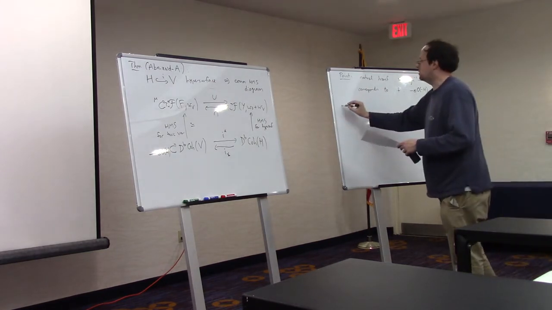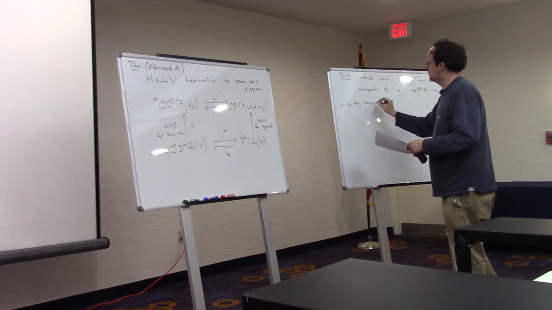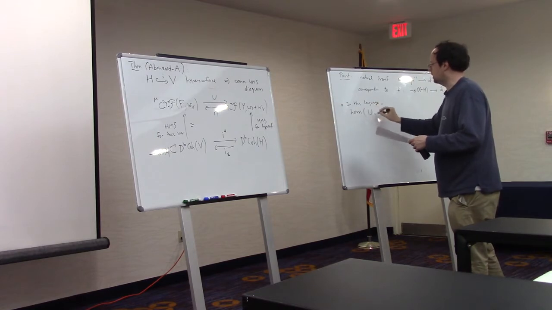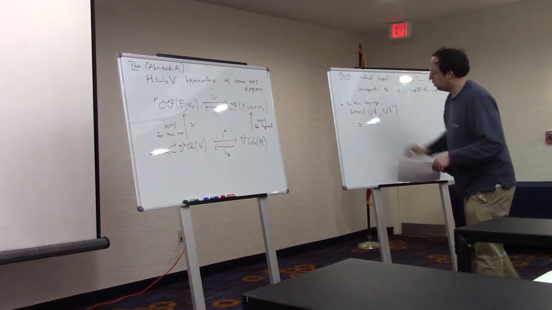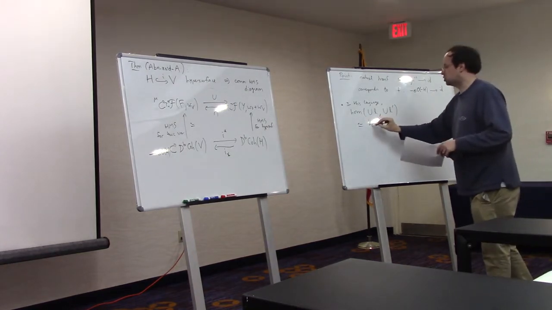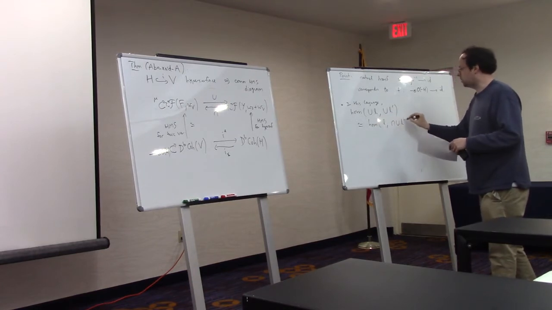And so in this language, what we've calculated when we checked things for U-shaped Lagrangians is that hom between cup L and cup L prime, by adjunction, is the same as hom from L to cup L prime.